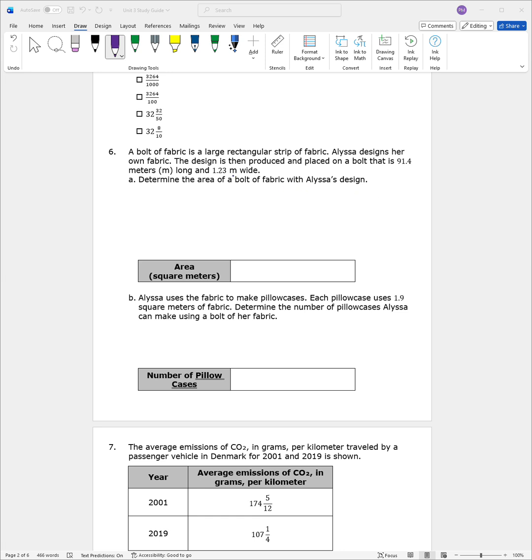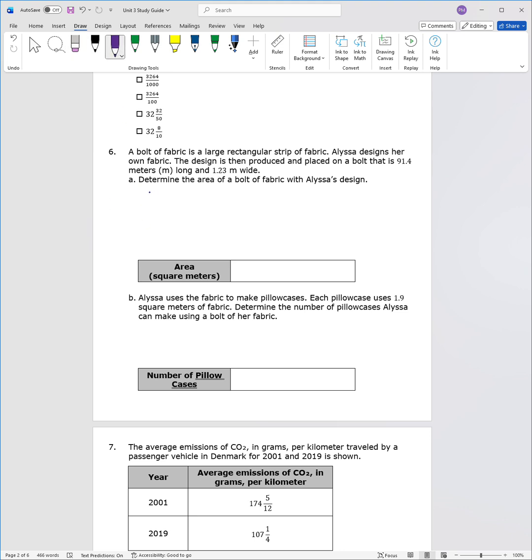This is actually tying back in a little bit with something you should have learned back in elementary school: area. Since it's a rectangular strip, what I want you to remember is that area is really just going to be a multiplication problem.